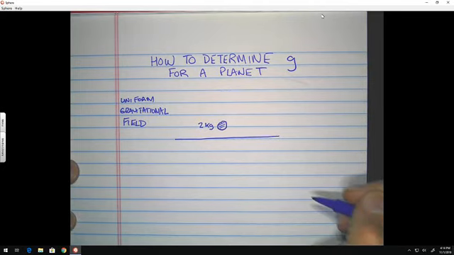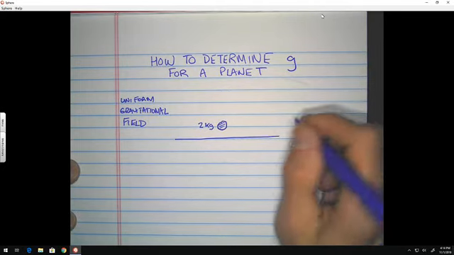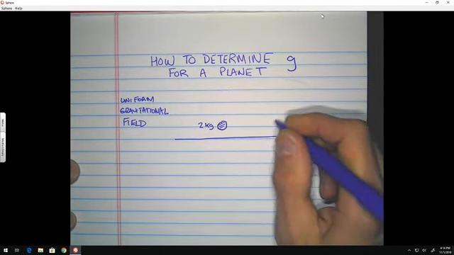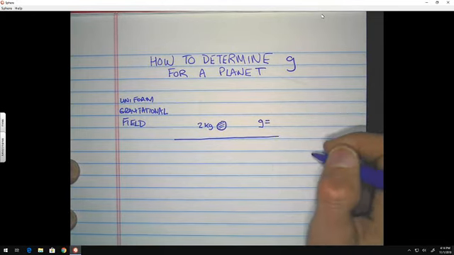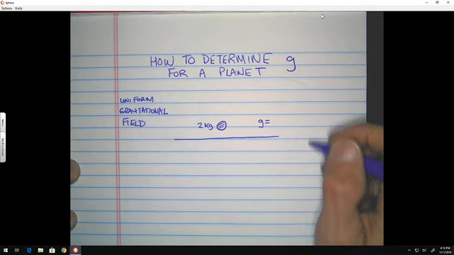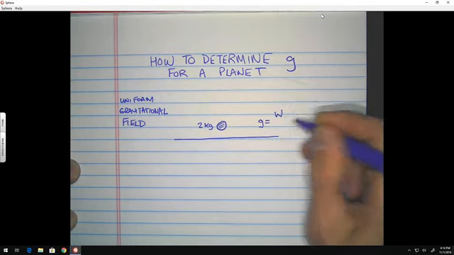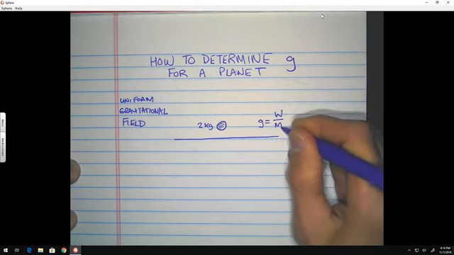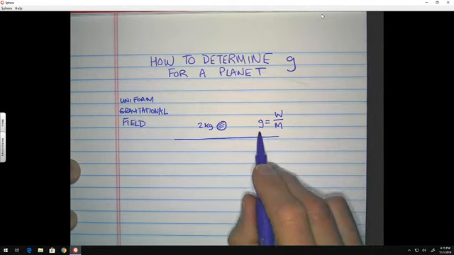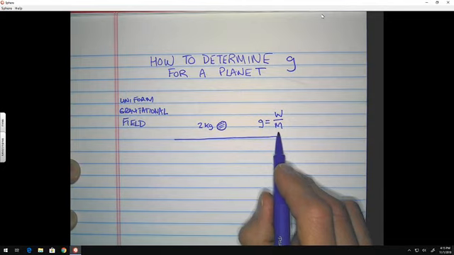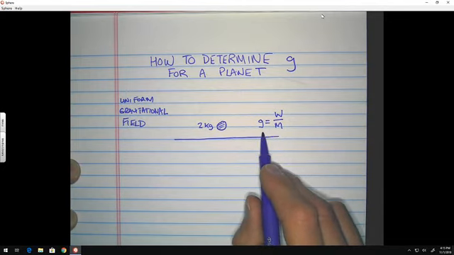The gravitational acceleration of the ball can be thought of as the ratio of the ball's weight to its mass. I hope you recognize this. This is just the formula that weight is equal to mass times gravity, rearranged.